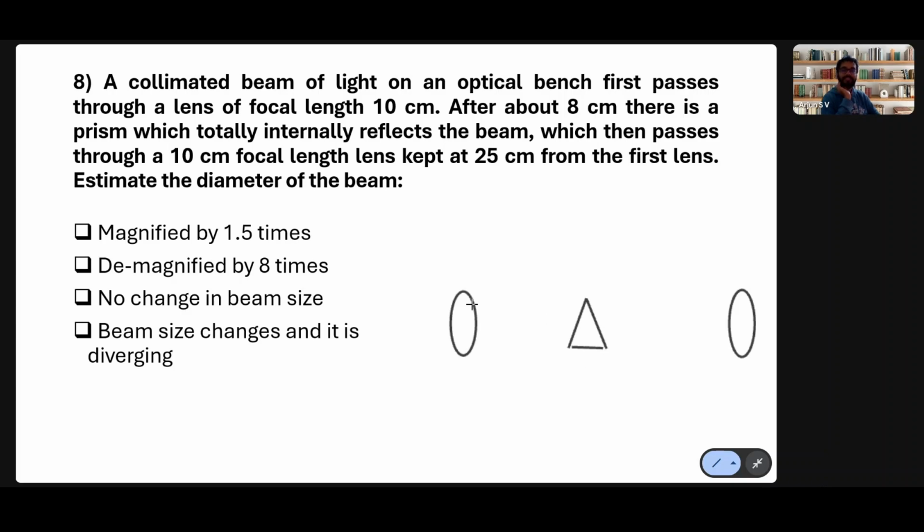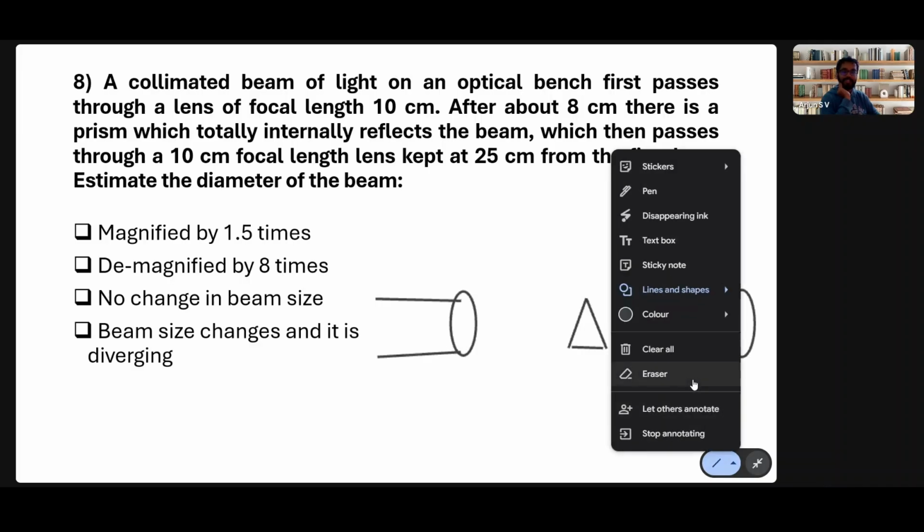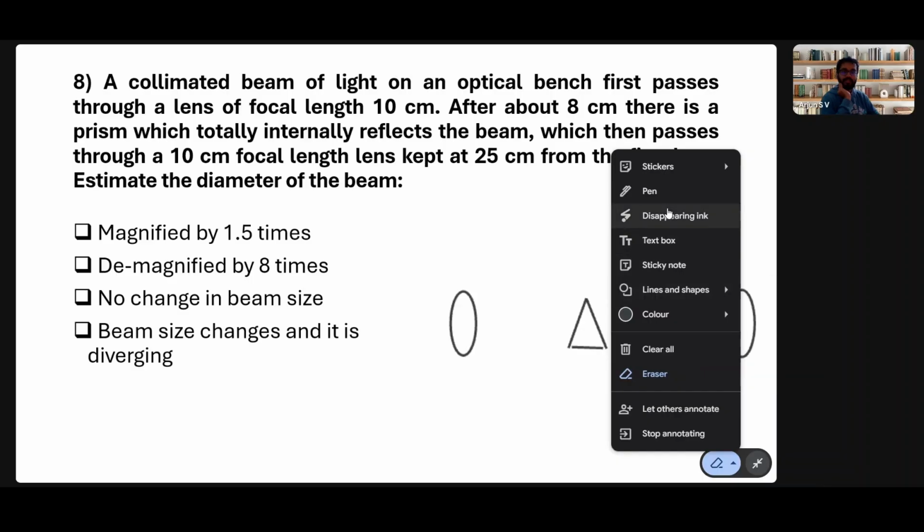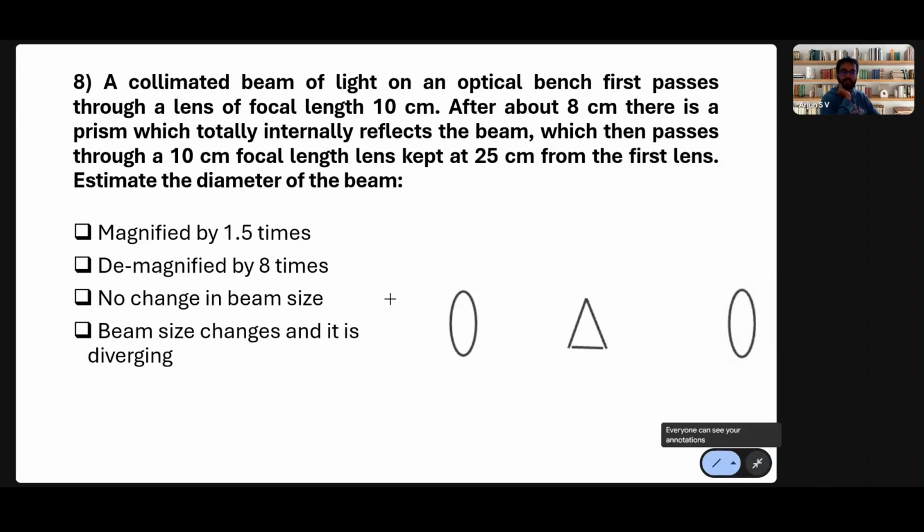Let's briefly have this as a small setup. We have a collimated beam of light. I'm not drawing it exactly parallel, but I think you can get the concepts.